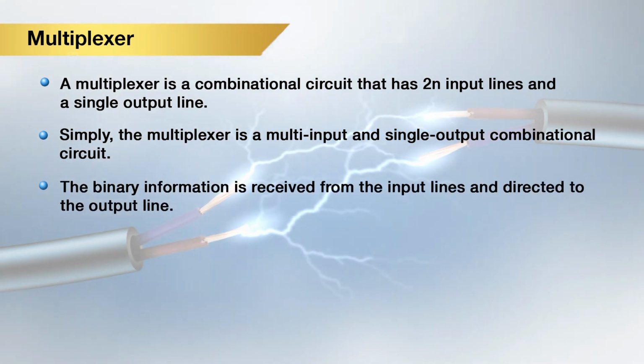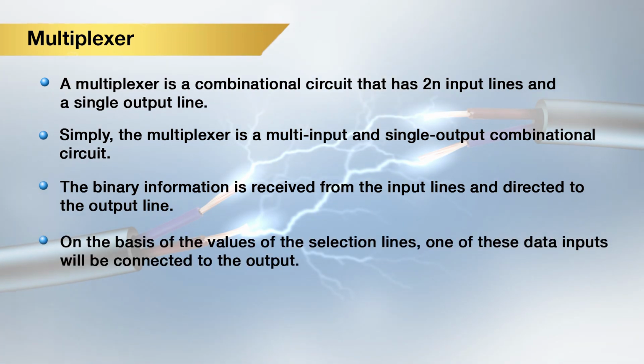The binary information is received from the input lines and directed to the output line. On the basis of the values of the selection line, one of these data inputs will be connected at the output. Here, selection line plays a significant role in the case of multiplexer.